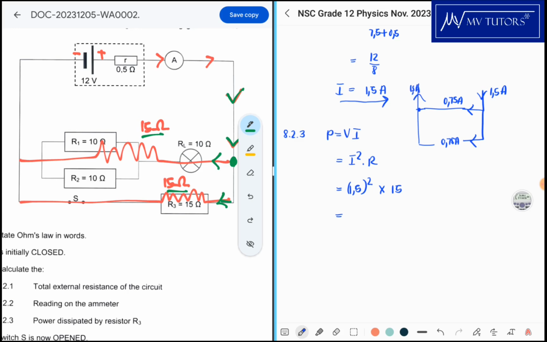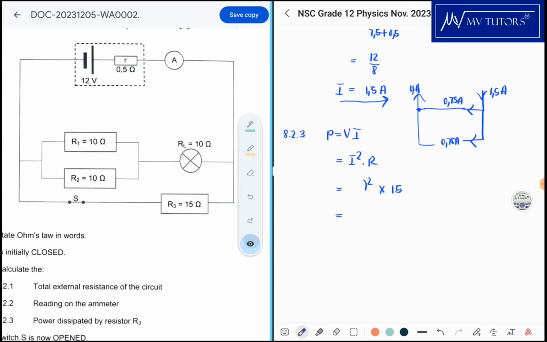So with this power that we just calculated, actually this current here should be divided by 2, and it's divided by 2 because we can see it's a perfect 15 ohm and a 15 ohm. If it were different numbers, we'd calculate it differently. All right, so let's just say 1.5 divided by 2.